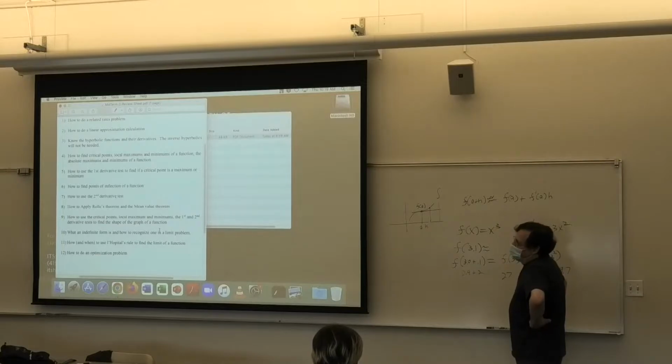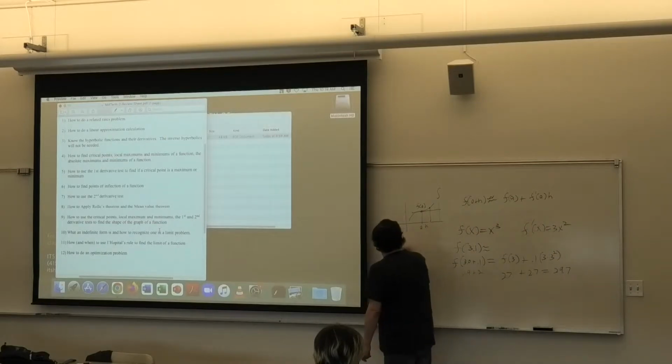Yes, this is the problem with teaching a linear approximation in this class. You could argue, well, why not make it 3.09 plus 0.01, right?